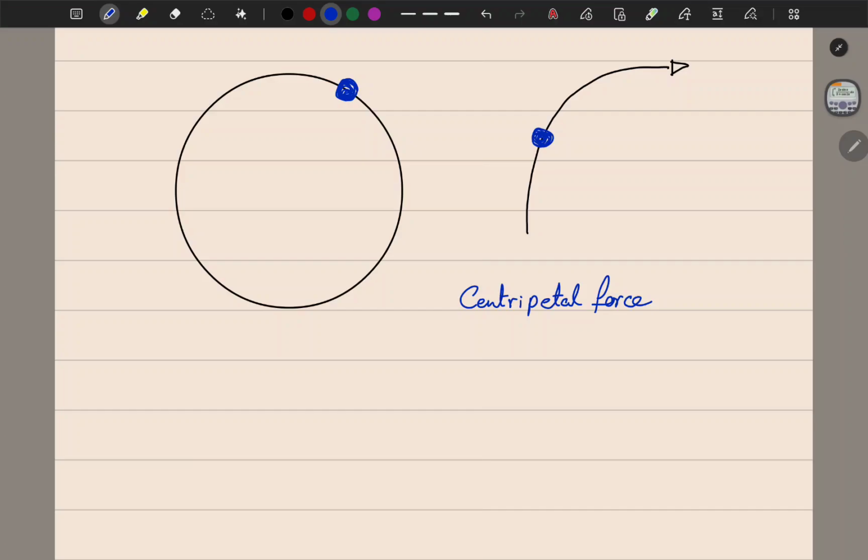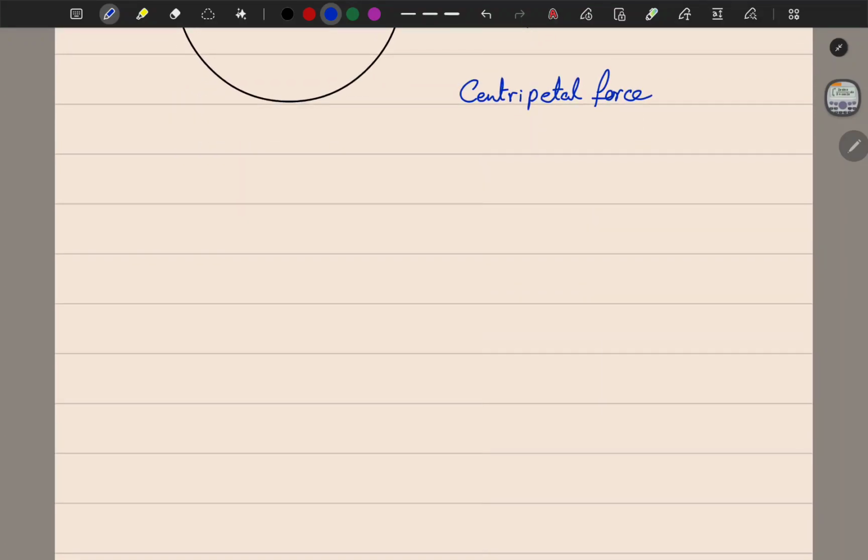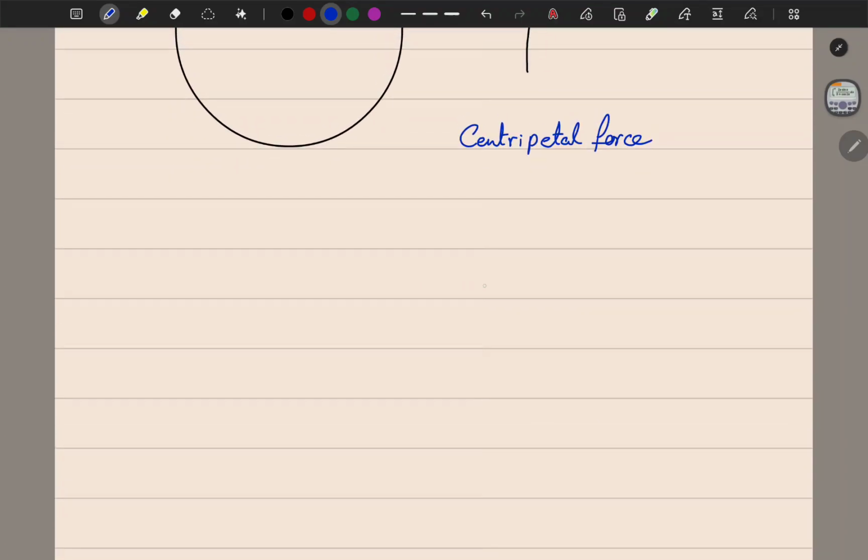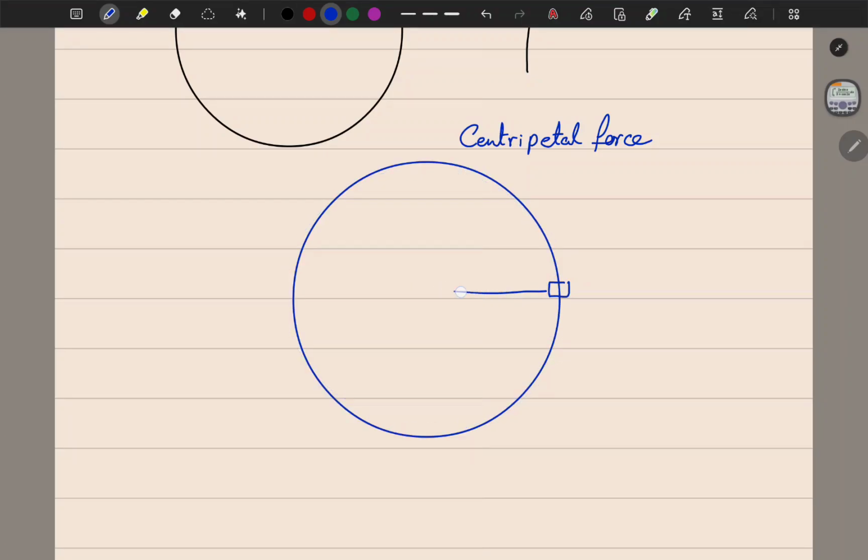In the simplest example of a circular motion, we take a mass that is tied by a string and then taken around the circle. Like if there is a kid here and this is a string, taking the mass around a circle, the centripetal force is actually the tension in the string.